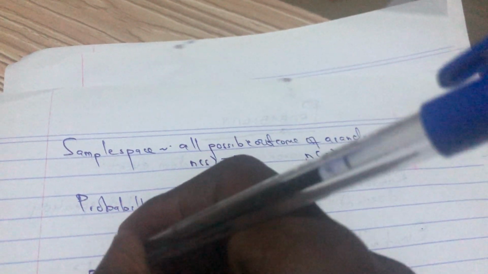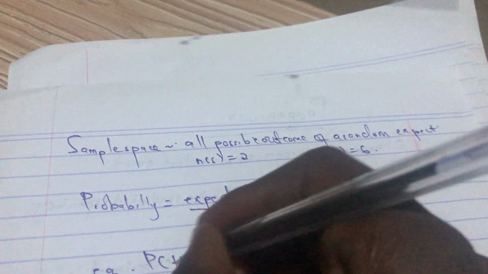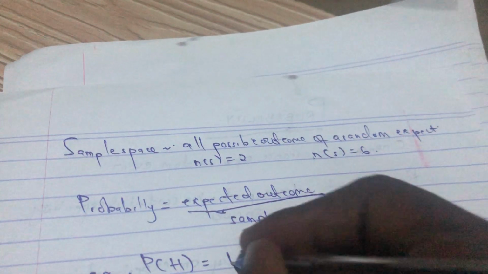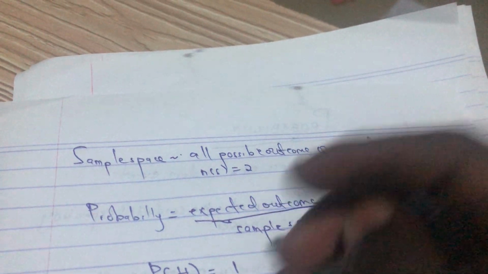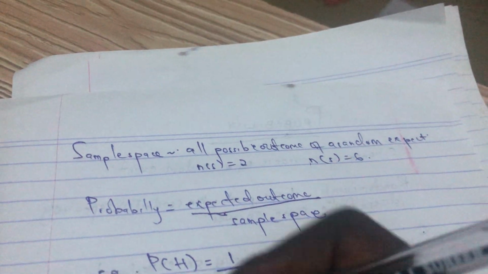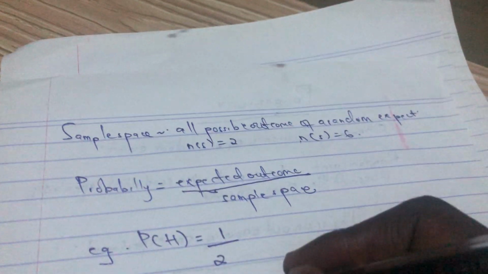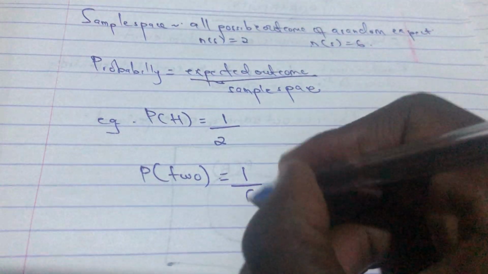For example, if I say I have tossed a coin, the probability of me getting a head, if I toss it once, I can get a head once out of the sample space, which is 2. Possible outcomes is either a head or a tail. Are we together? If I toss a dice once, the probability of me getting a 2 will be 1 out of the sample space. All possible outcomes are 6.